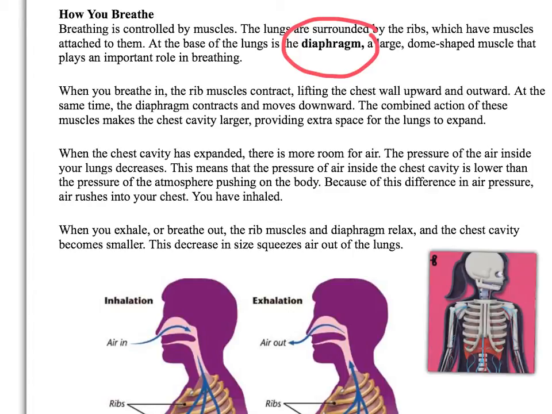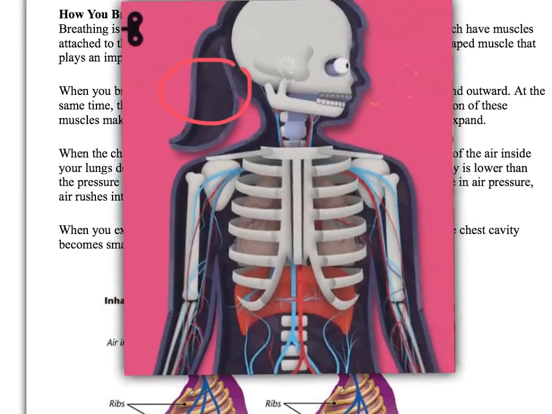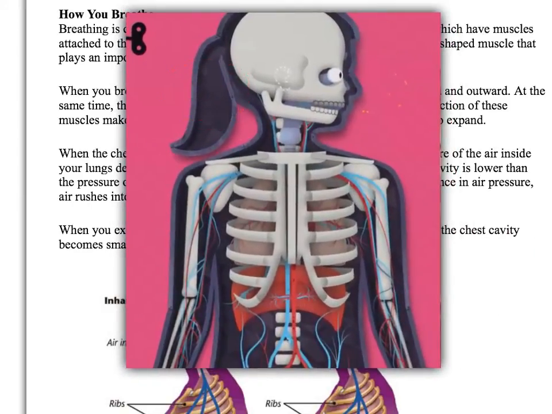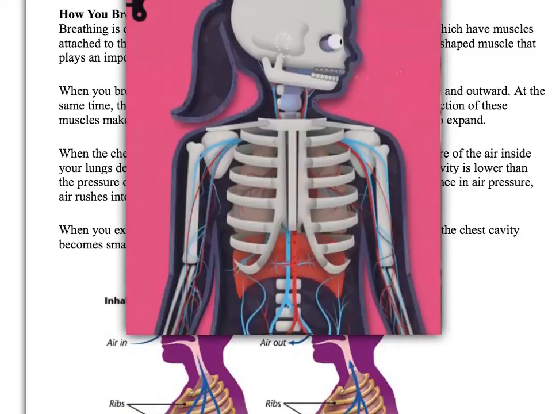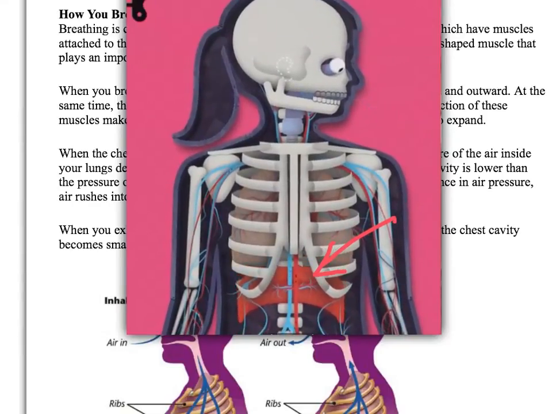Now let's look at that with our little video here. So here we can see how the diaphragm, which is this here, contracts. Now the ribs are going to come out in a second.